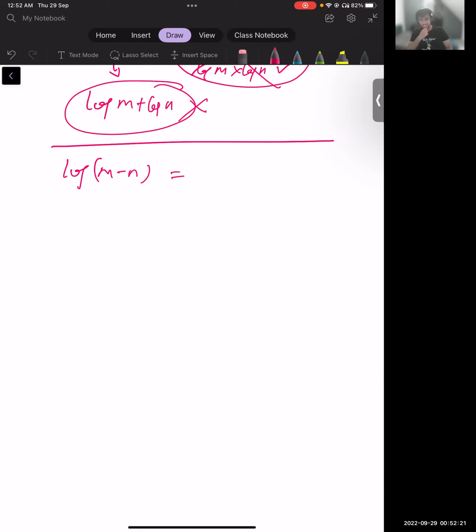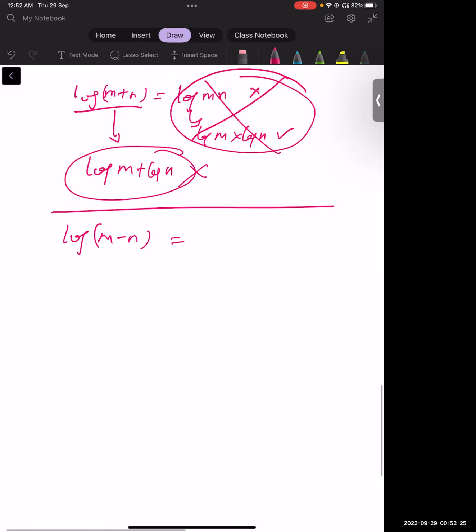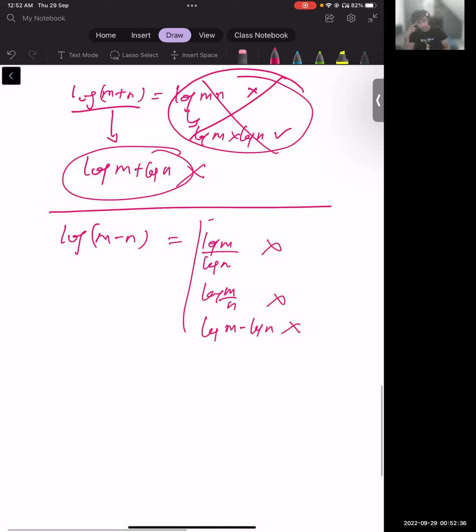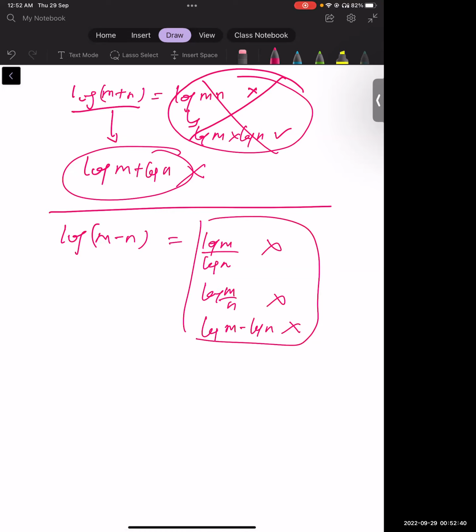There is no such property. That means there is not even log m by log n. There is not log m by n, and not even log m minus log n. Everything is wrong. Very carefully you have to apply the property. Otherwise, it will make the question wrong.